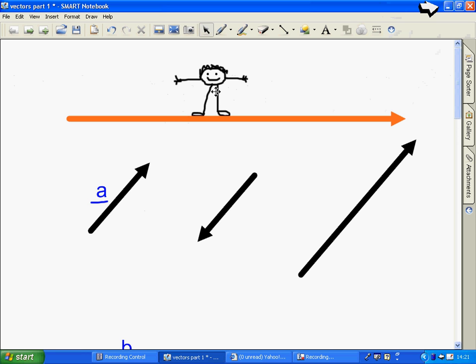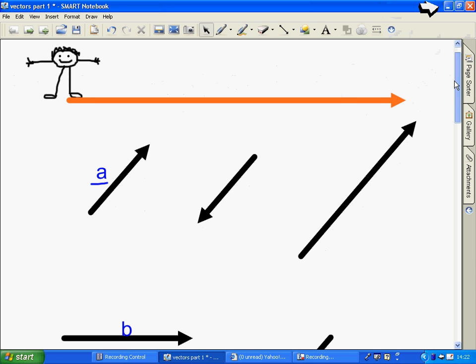However, if we talk about the word velocity, velocity has both magnitude or size and direction. So if Bob is travelling along this direction, we could say he has positive velocity, whereas if he decides to go this way, he has negative velocity. So velocity is a good example of a vector as it has both magnitude and direction.